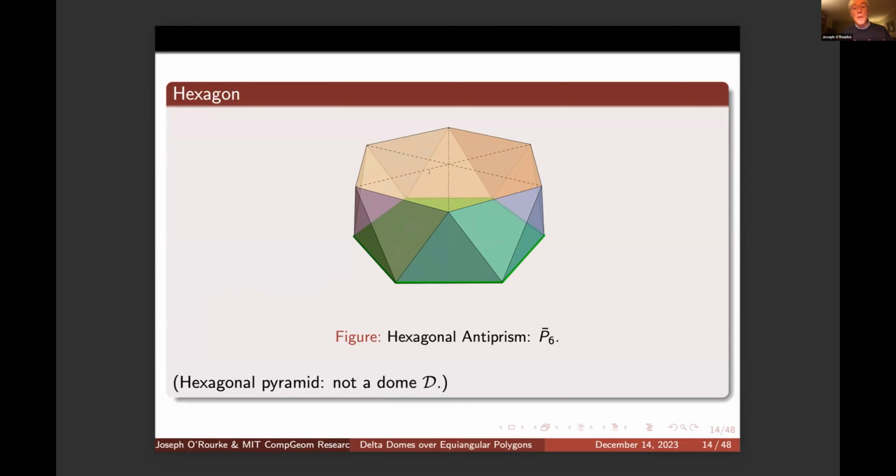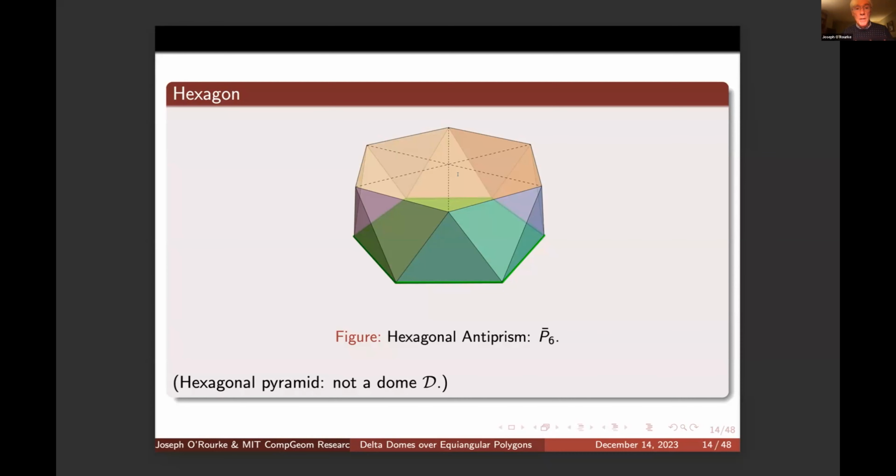And notice here's the top made up of 6 equilateral triangles, and it's flat, and they're all coplanar, but they're above the base. They don't touch the base. So this is a doming of a regular hexagon. You cannot dome a regular heptagon, 7-gon, which we'll come to eventually.